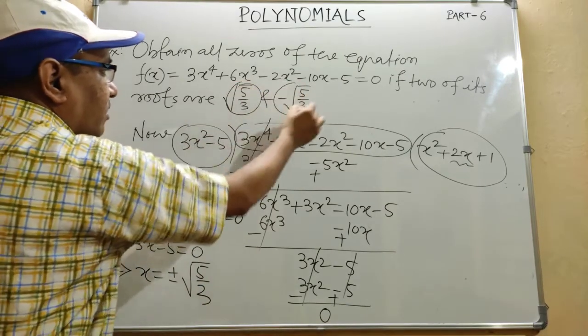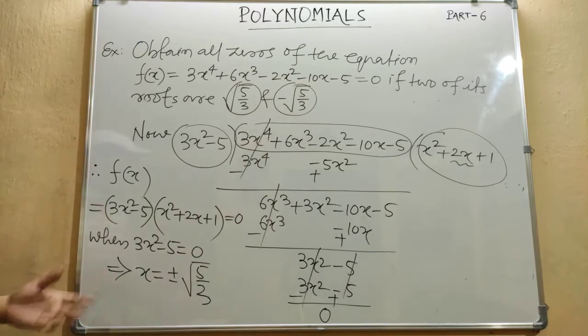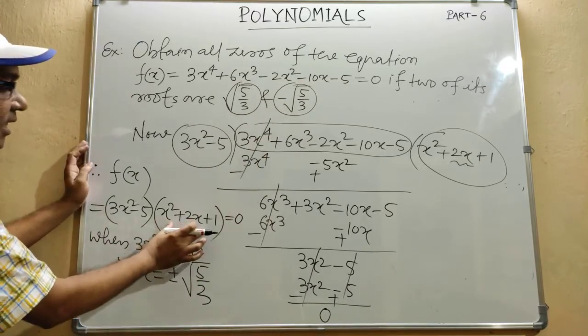These were given in the question. What will be the other roots? Other roots will be calculated by taking this equal to 0.